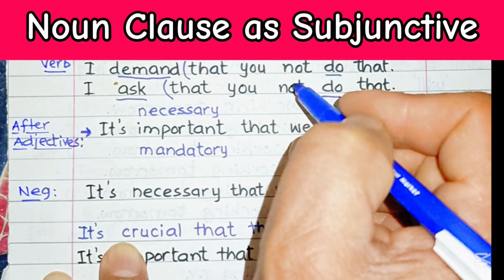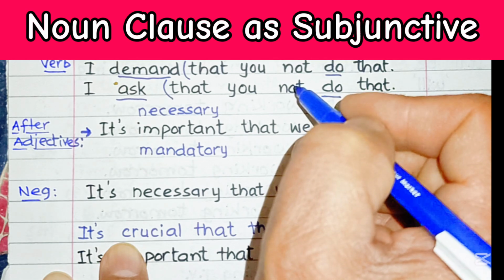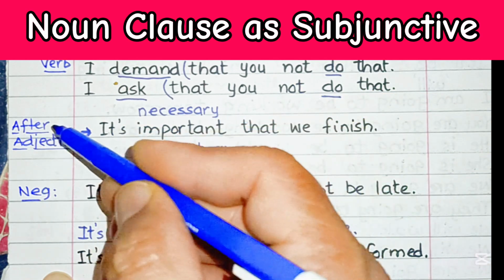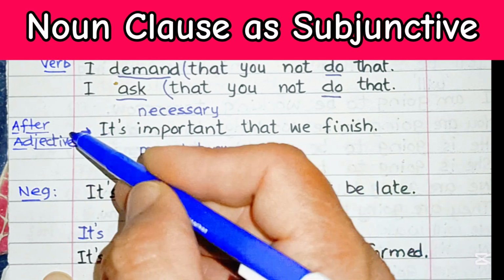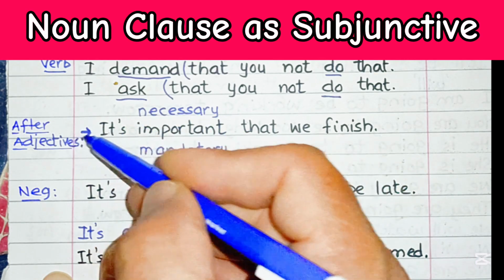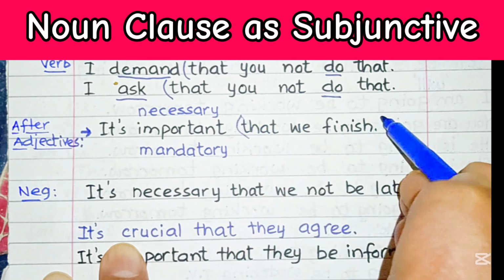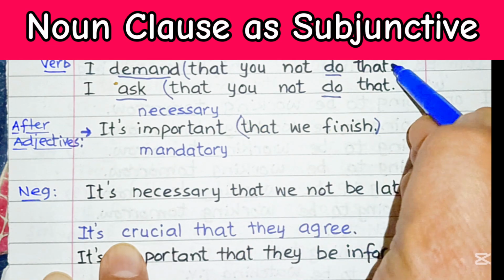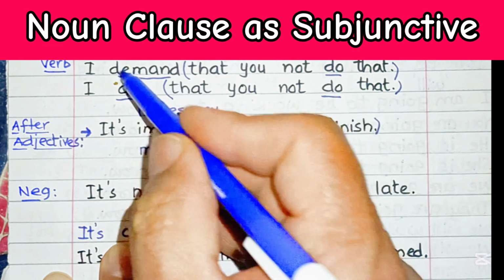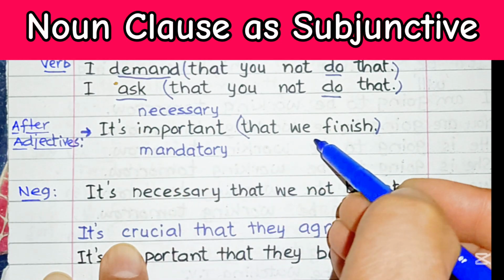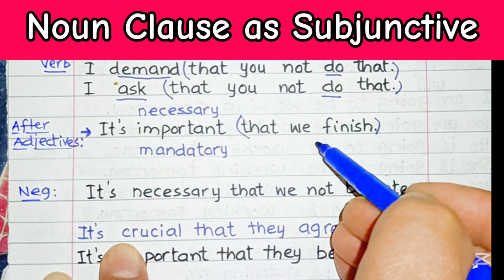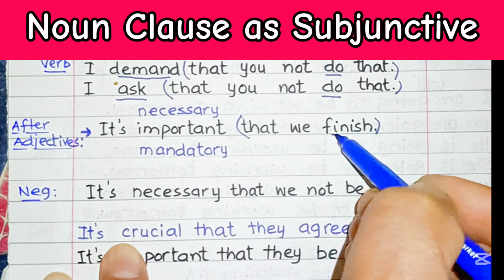The subjunctive mood is also used after adjectives. It's important, or it's necessary, or it's mandatory that we finish. So this is again the subjunctive mood. Here the verb finish is in the simple form.